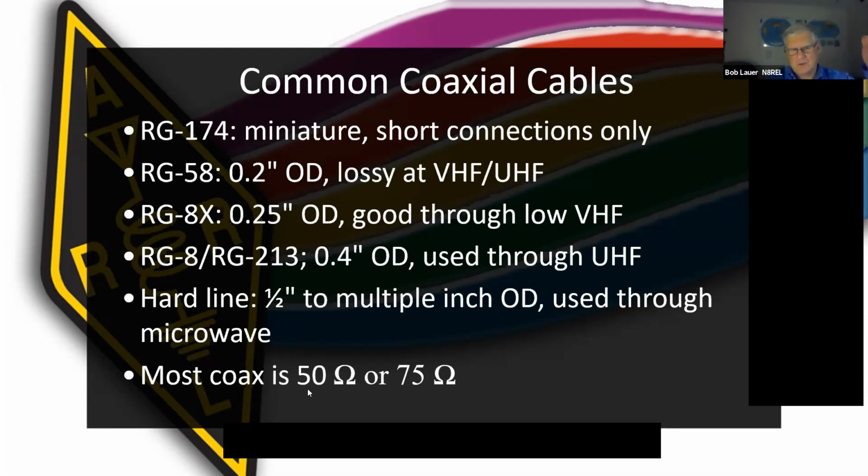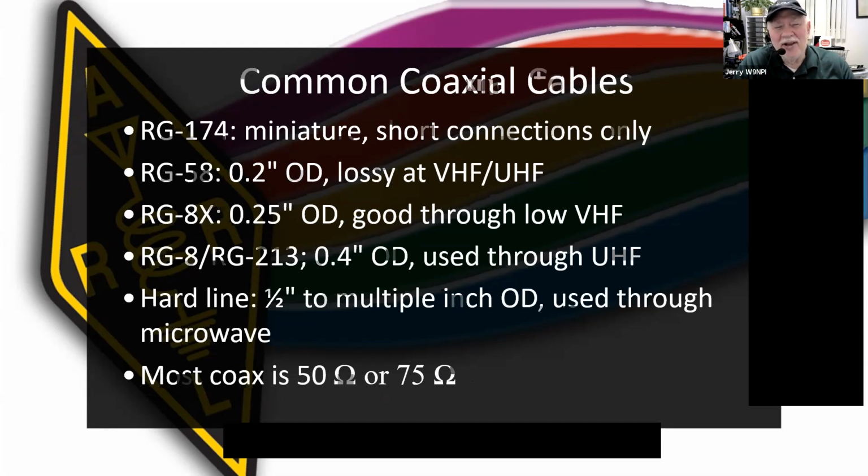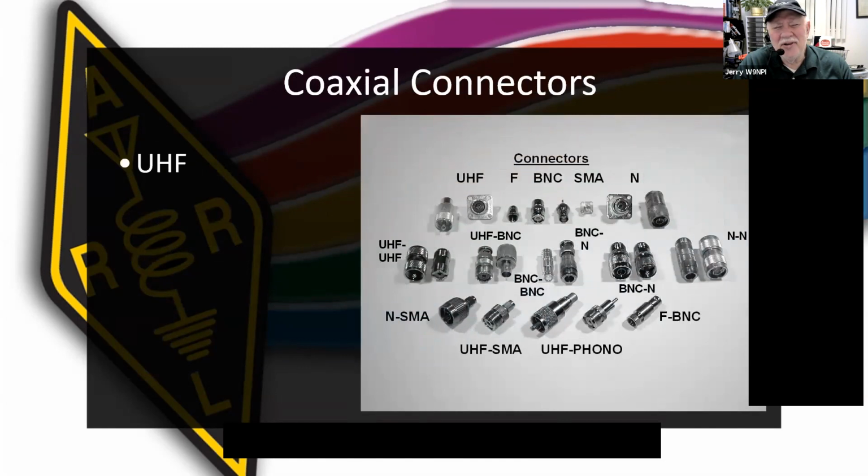And most coax cable has got to be 50 ohms. 75 ohms is something special, I think cable TV uses that. But when you get to HF, dipoles usually have an impedance of somewhere around 72 ohms, which is the same as what you can get from cable.